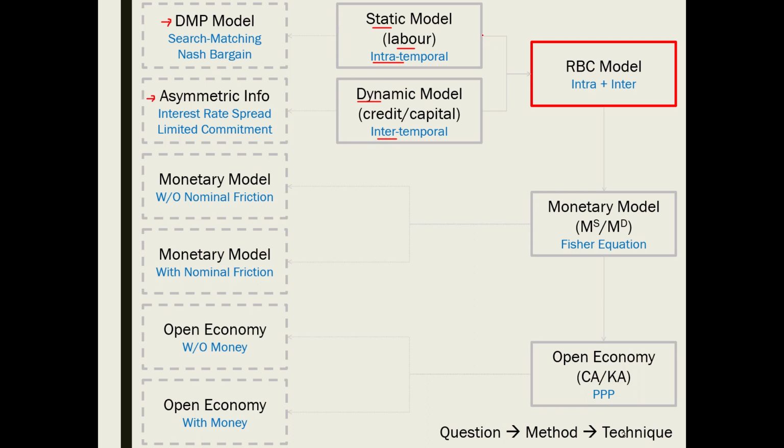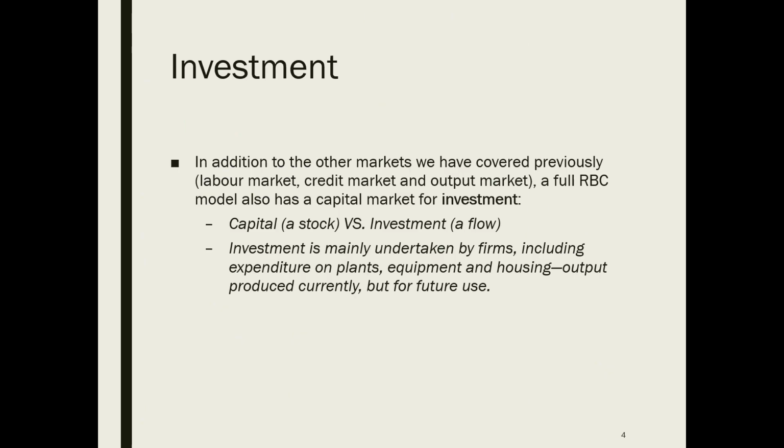Now, we are going to combine the two building blocks in the all-in-one RBC model where all the conditions we have derived still hold. The final piece missing for this all-in-one model is investment in the capital market. Let's see how it fits in the model. Investment is a flow variable which forms the stock of capital over time.